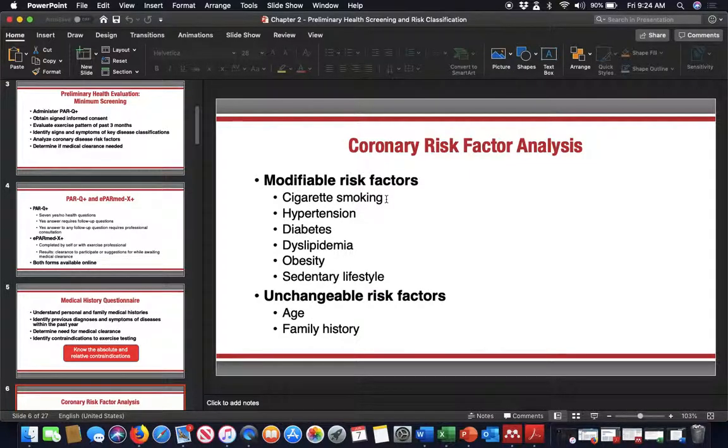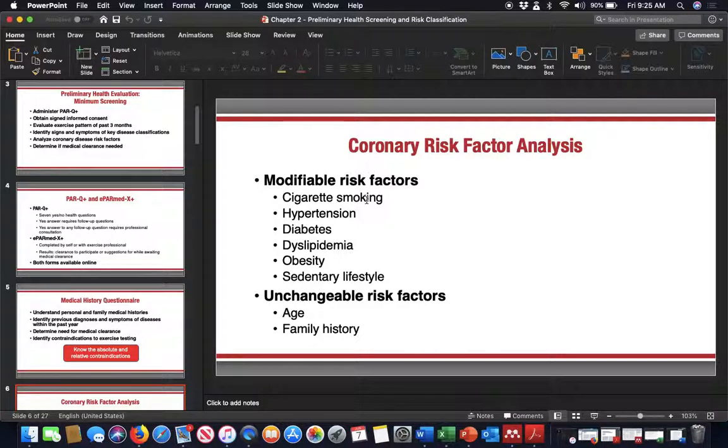Not that we can reverse, let's be clear on that. We can have people stop smoking, but the damage done in smoking has already been done. We can try to get people off of hypertension medication, things like that. That's modifiable. Diabetes, again, we can modify that off of medications, potential limiting of insulin needed.